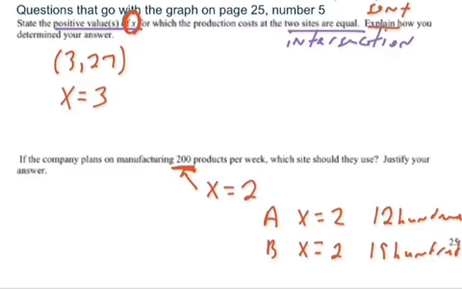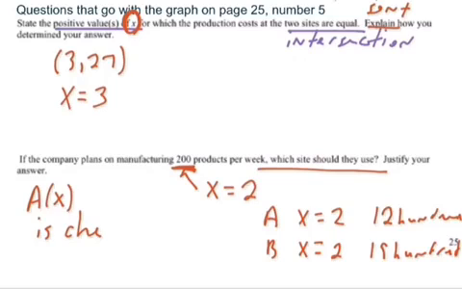So if the question is asking you which site should they use, they're asking which would be the cheaper site. A of x is cheaper since that is going to be 1200 as opposed to B of x, which is 1900. So that's what you needed to do for your part B and C on question number 5.